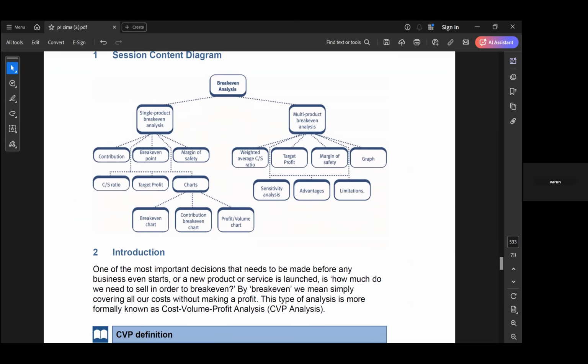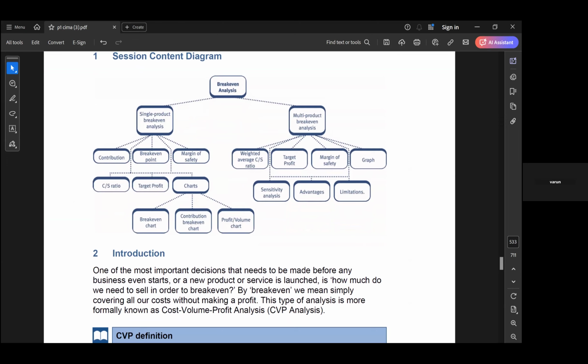So we also call it cost volume profit analysis because ultimately, profit is a function of the volume also, because the cost has two components, variable and fixed.